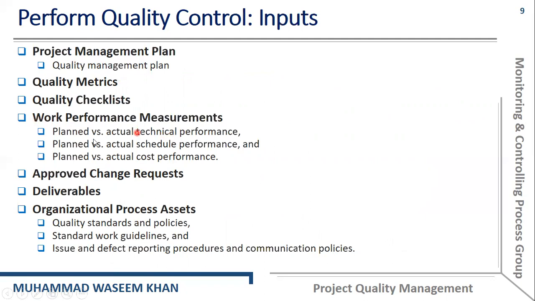Then for work performance measurements, we compare the planned versus actual technical performance, the planned versus actual schedule performance, and the planned versus actual cost performance. And organizational process assets include the quality standards, quality policies and procedures, standard work guidelines, and issue and defect reporting procedures and communication policies.